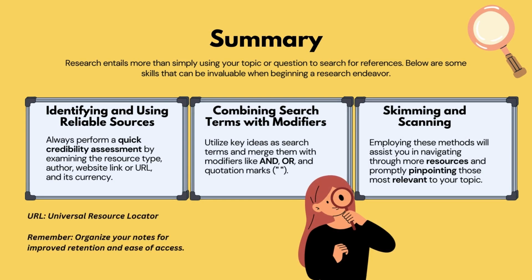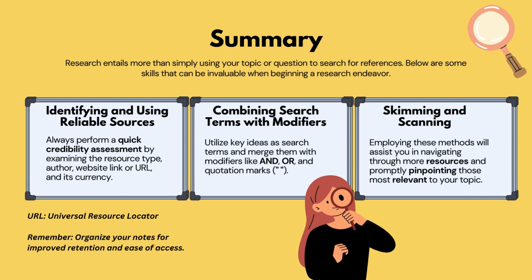Summary. Research entails more than simply using your topic or question to search for references. Below are some skills that can be invaluable when beginning a research endeavor. 1. Identifying and using reliable sources. Always perform a quick credibility assessment by examining the resource type, author, website link or URL, and its currency. 2. Combining search terms with modifiers.